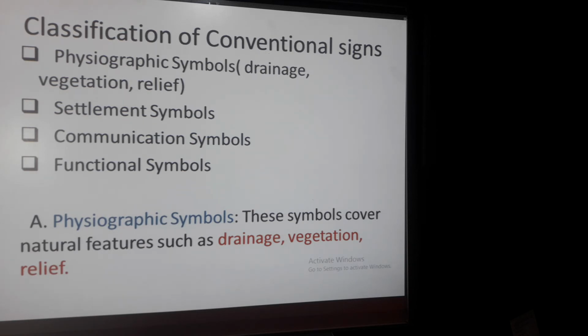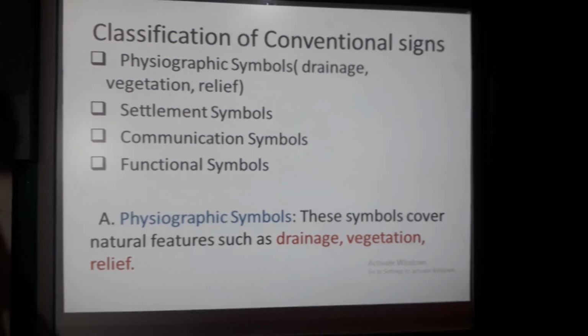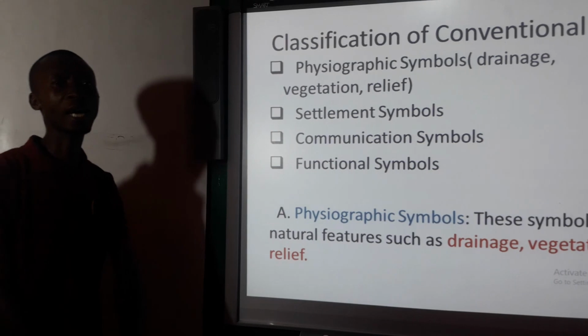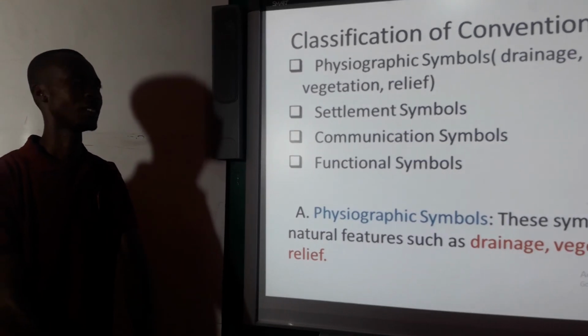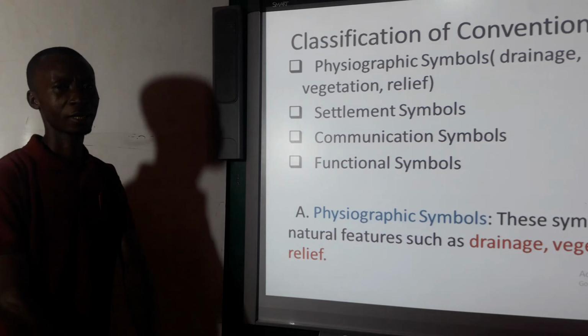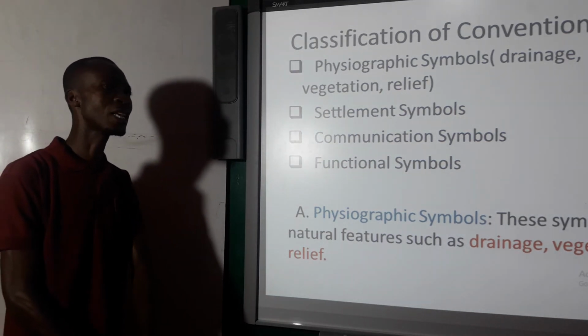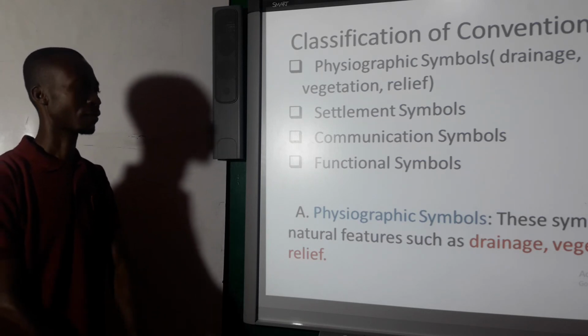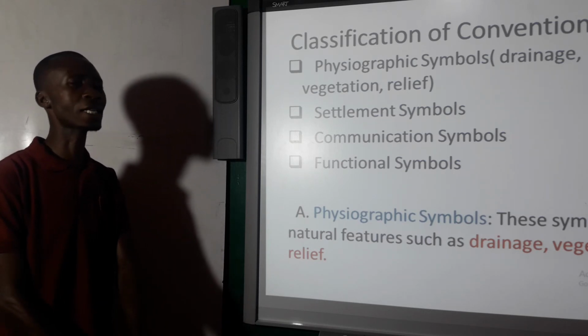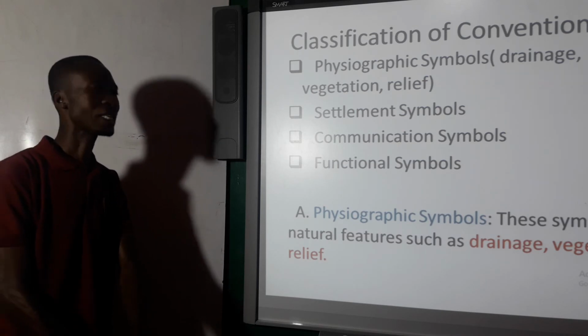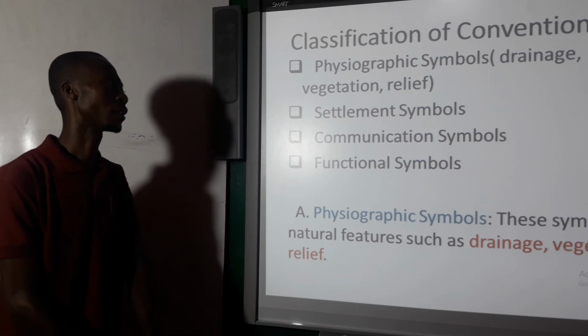Another classification is settlement symbols. By settlement, we mean where human beings have put their dwellings. Examples will be a town, village, farmstead, and others. And we have symbols that we use for these features. We also have communication symbols, and in other words, we can say they are transportation routes.